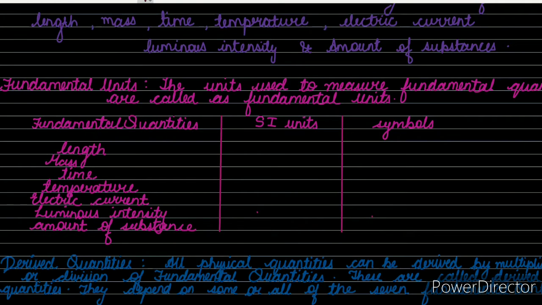Length: the SI unit for length is meter. The SI unit for mass is kilogram. The SI unit for time is second, whereas for temperature it is Kelvin.